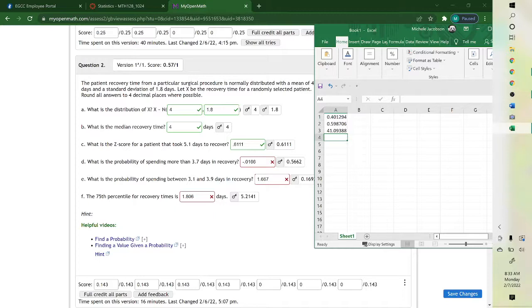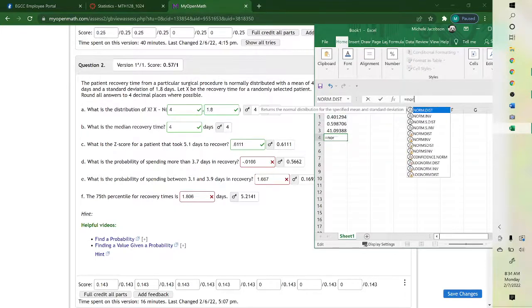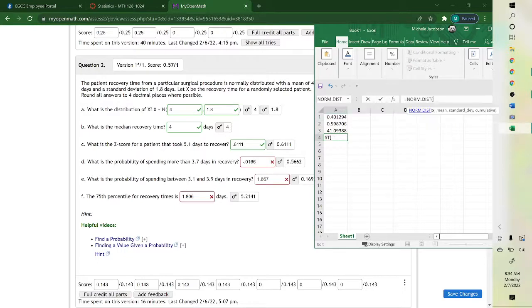So more than, again, we go over here and click, put our equal norm. We're looking for probability, so we want the normal distribution. Our x value is 3.7, comma, the mean, which was 4, standard deviation 1.8, and cumulative is 1.